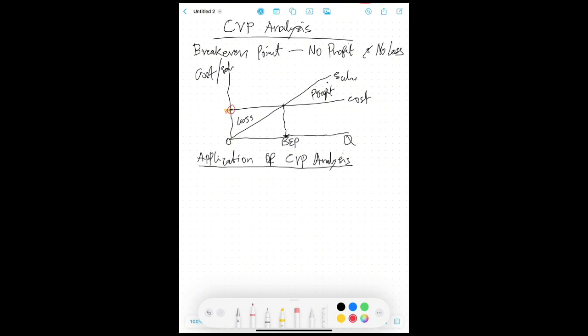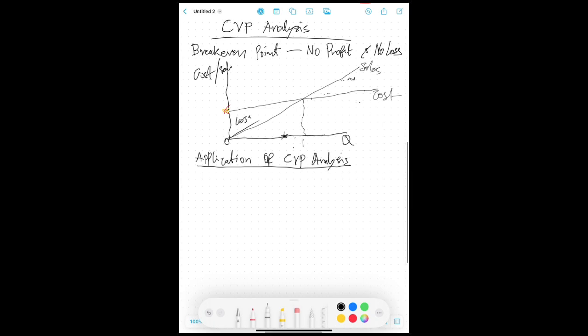Probably I should have slanted this line better, so let's just slant this line better, so that the cost also has a variable position on it. So we say this is our break-even point.